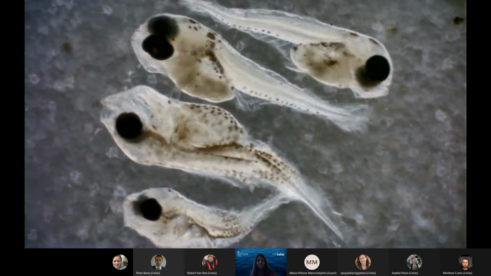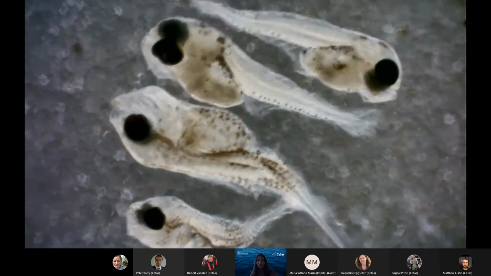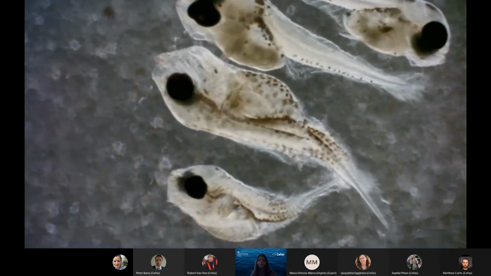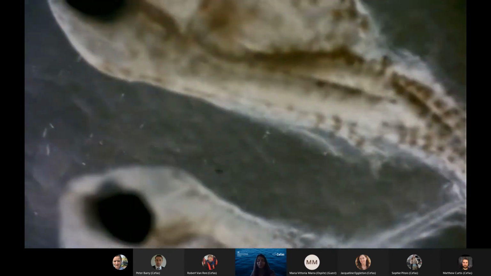But similarly, it is no small feat to be able to reliably identify other zooplankton groups in general.